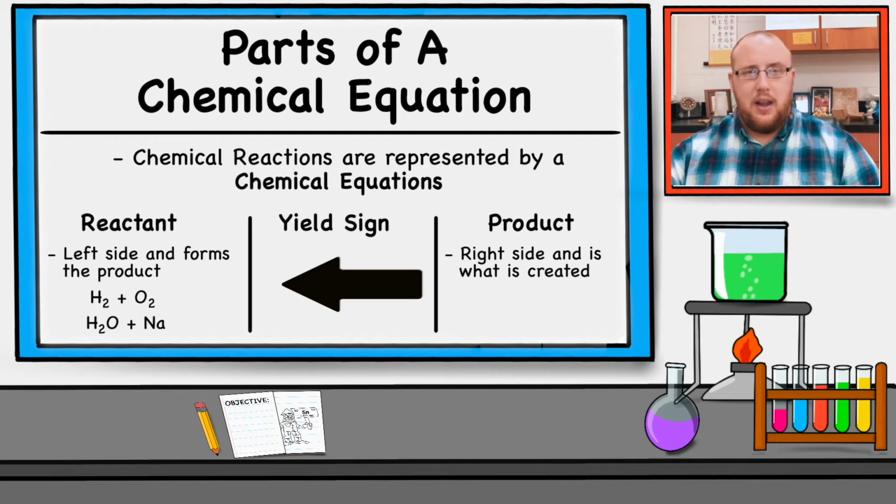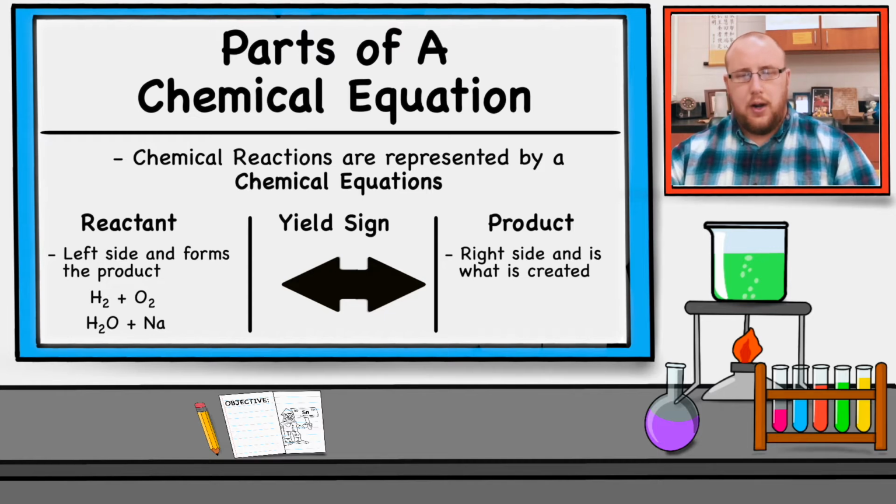But there's one other thing we can address with the yield sign: sometimes there might be an arrow pointing both ways, so it might be pointing to the right and to the left. Well, what's happening there? In these kinds of reactions, it's saying that the reactions are at equilibrium, or they are occurring at the same rate. The forward reaction and the backward reaction are happening at the same time.